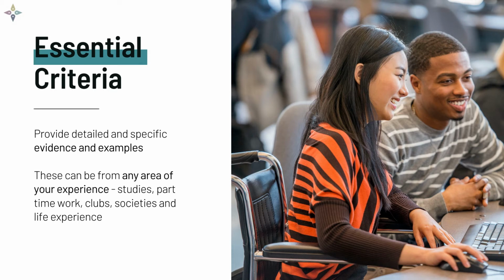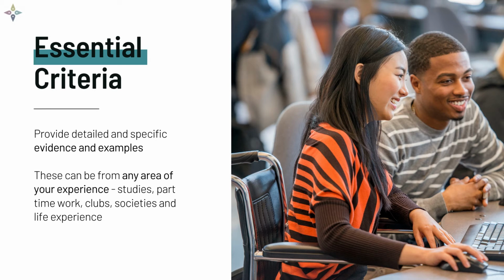The John Smith Centre doesn't mind where you gain the skill from, just as long as you have it. That means you can use examples from any area of your life, such as your studies, part-time jobs, voluntary work, and other extracurricular activities like clubs and societies or general life experience.